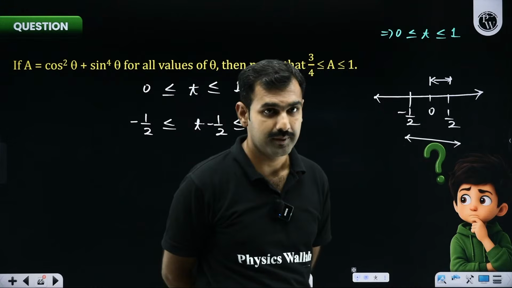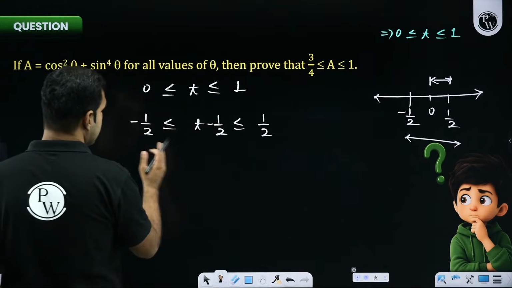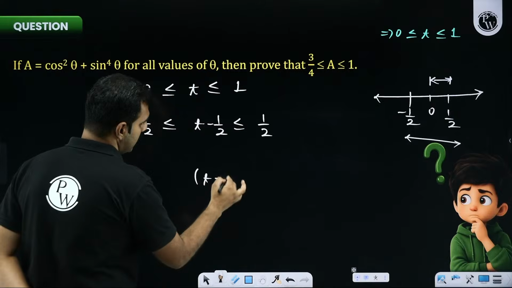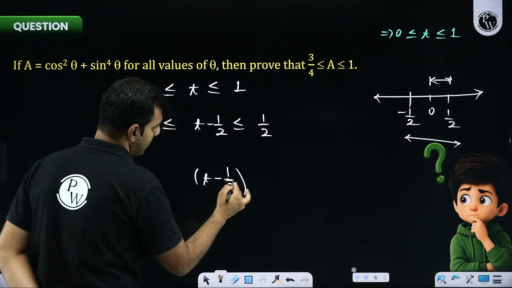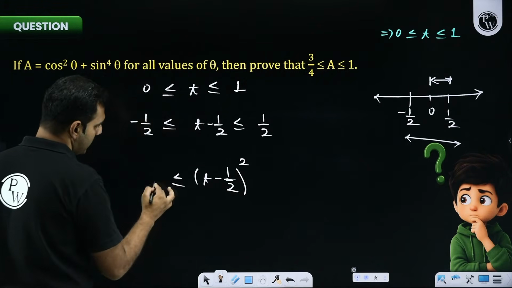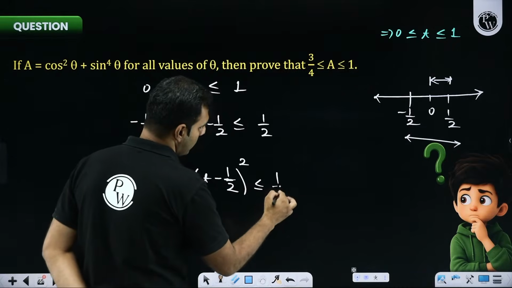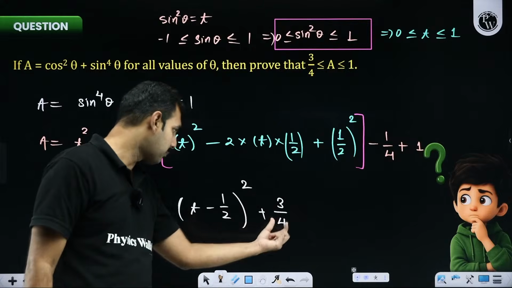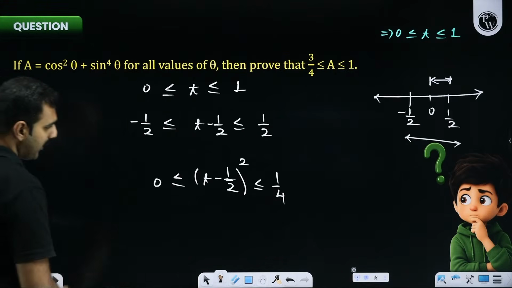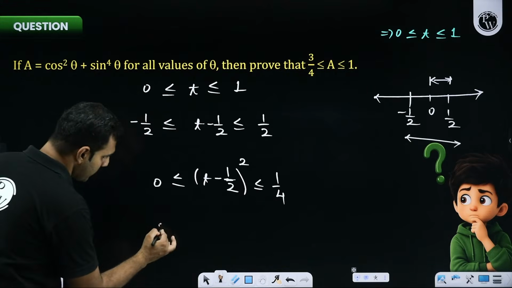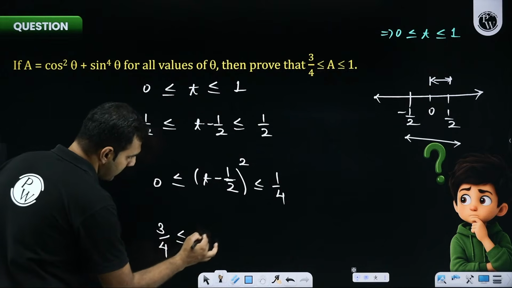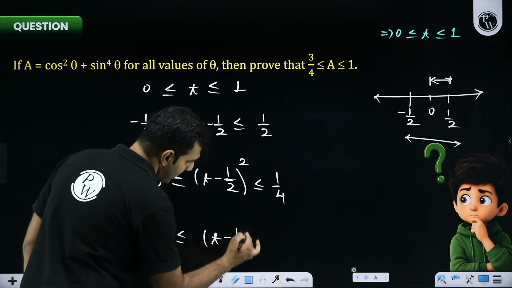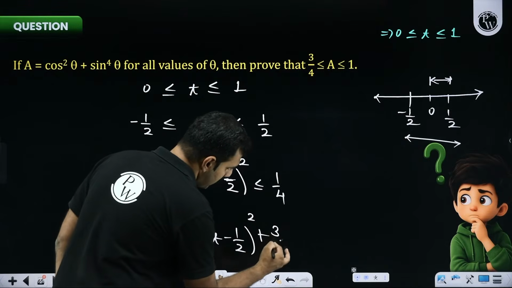Their squares will be, t minus 1 by 2 when squared will be from 0 to 1 by 4. But sir, this is what we don't need. We actually need this plus 3 by 4. So I'll add 3 by 4 on all the three sides. So 0 plus 3 by 4 is 3 by 4. This is t minus 1 by 2 whole square plus 3 by 4.